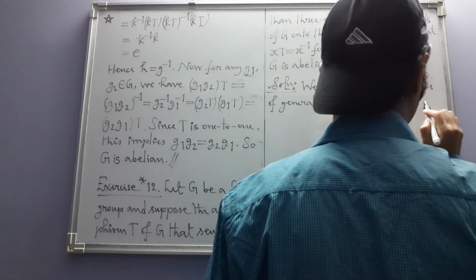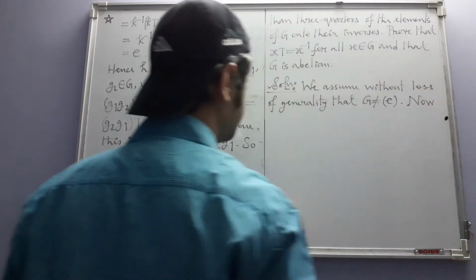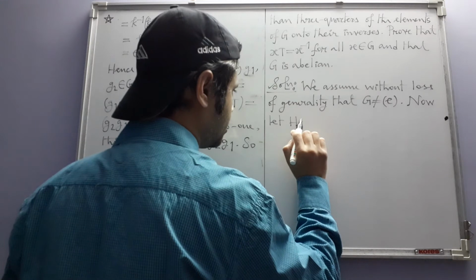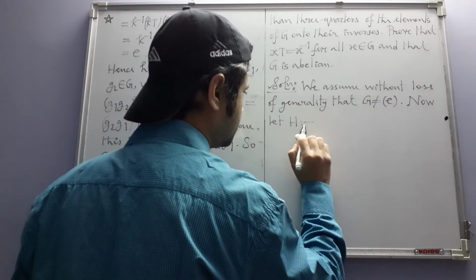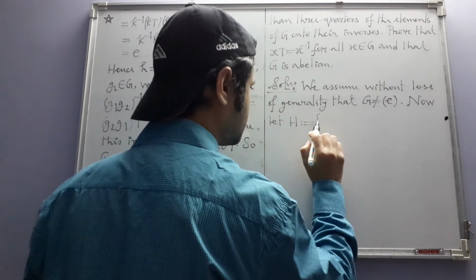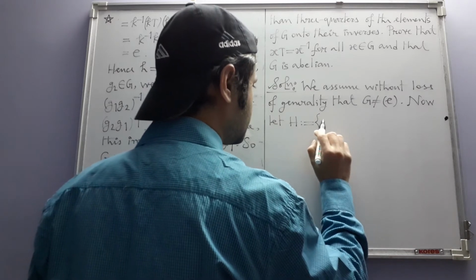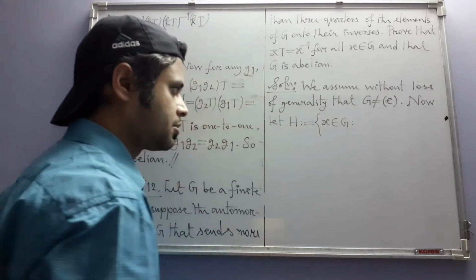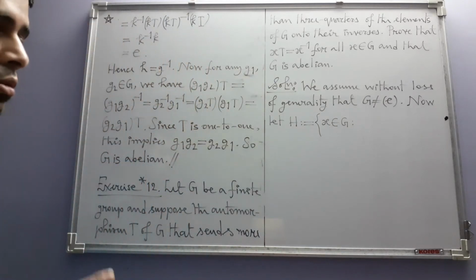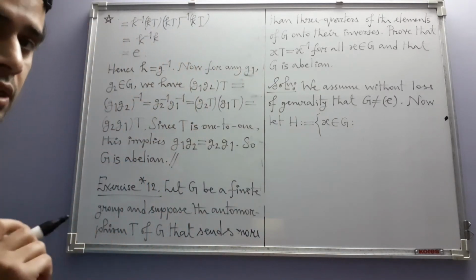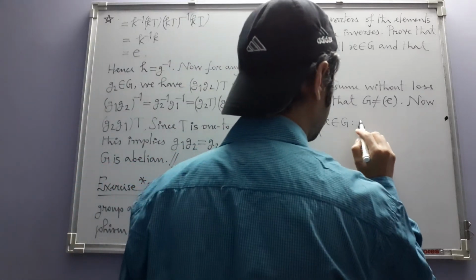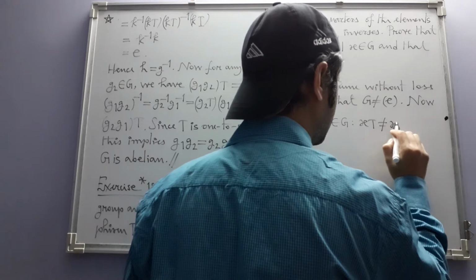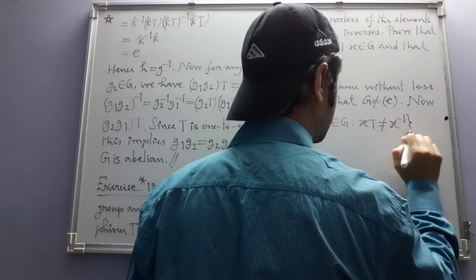Now we are going to consider a set H. It consists of those elements of the group that are not mapped by T onto their inverses. That is, xT is not equal to x inverse.